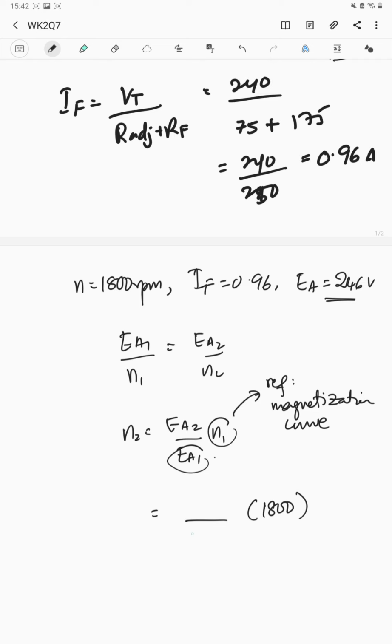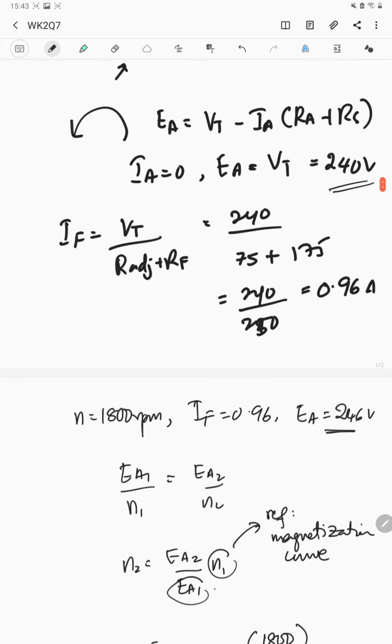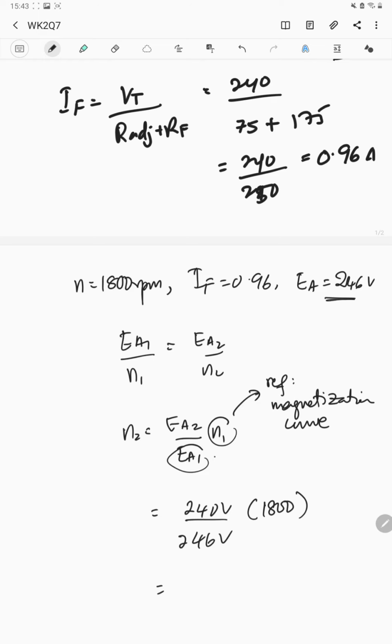So you have 246 volts here, and EA at the point of no load is 240 volts. So we will get 1756 RPM. This will be the no load speed.